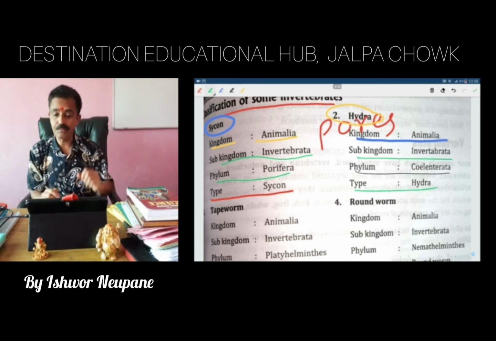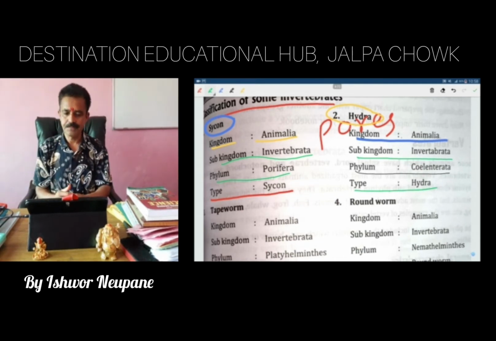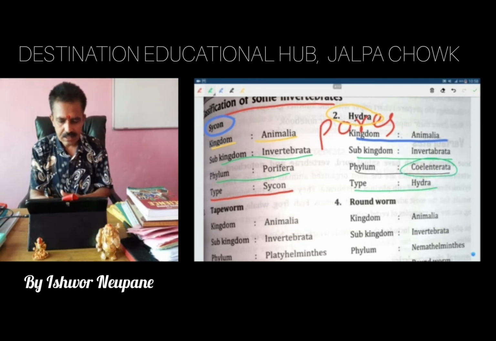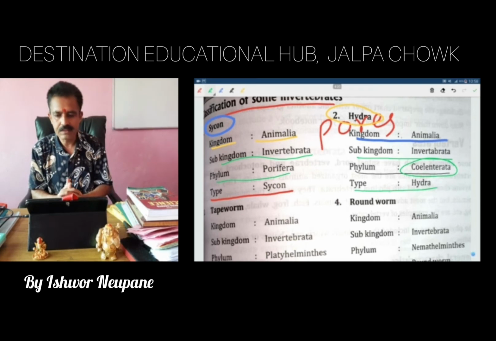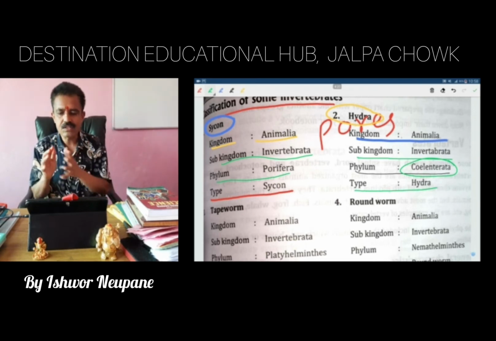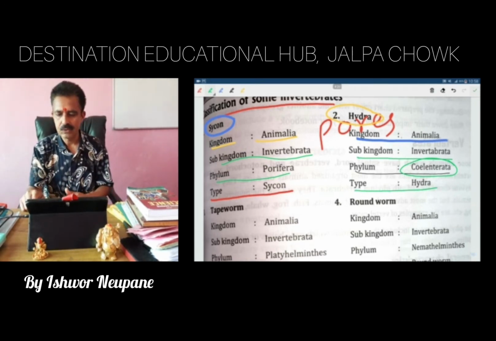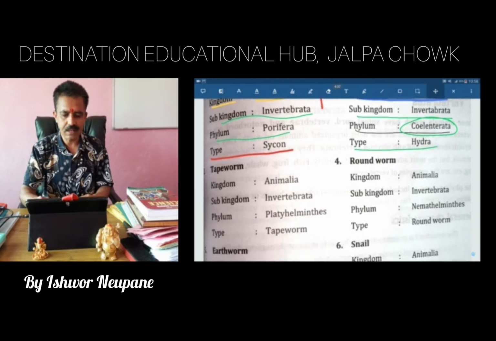But in case of plants, directly after kingdom there was division, right? So what is the special characteristic? It bears tentacles, or the mouth is surrounded by tentacles. Very simple. So these things must be kept in mind. So we have completed two animals, cycon and hydra.